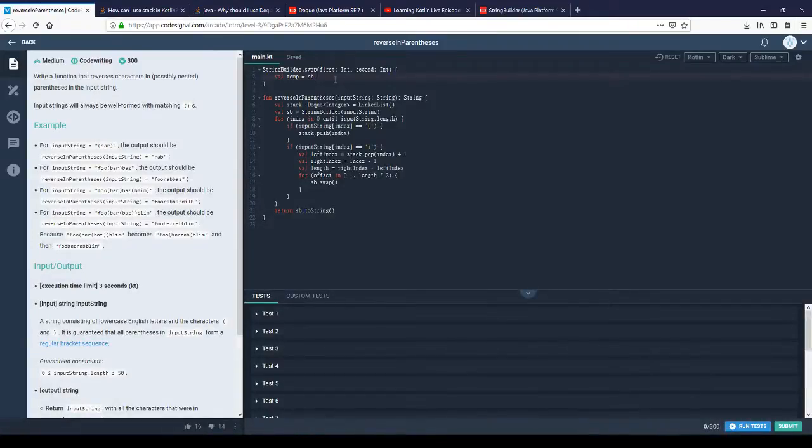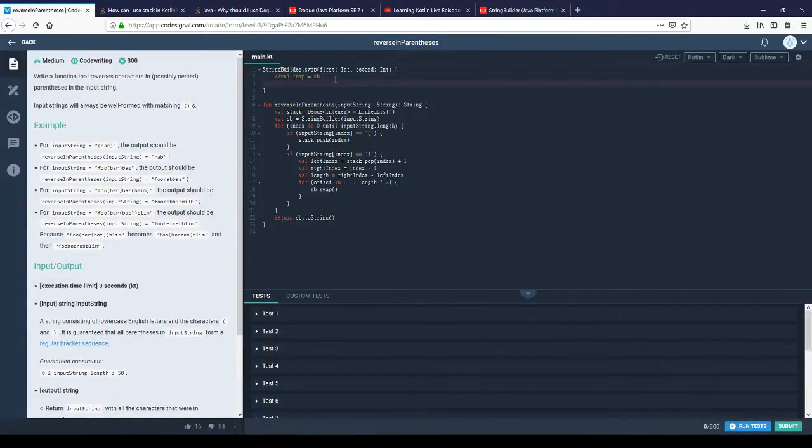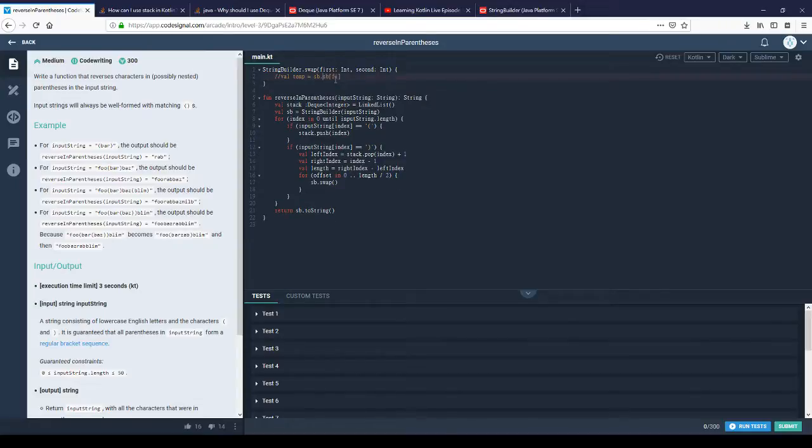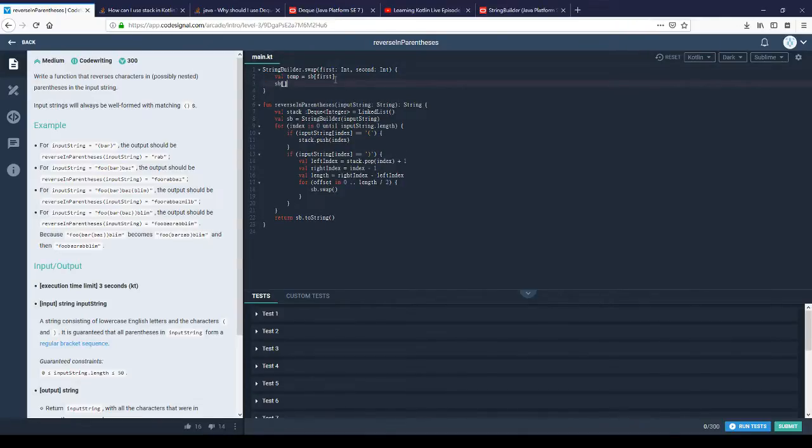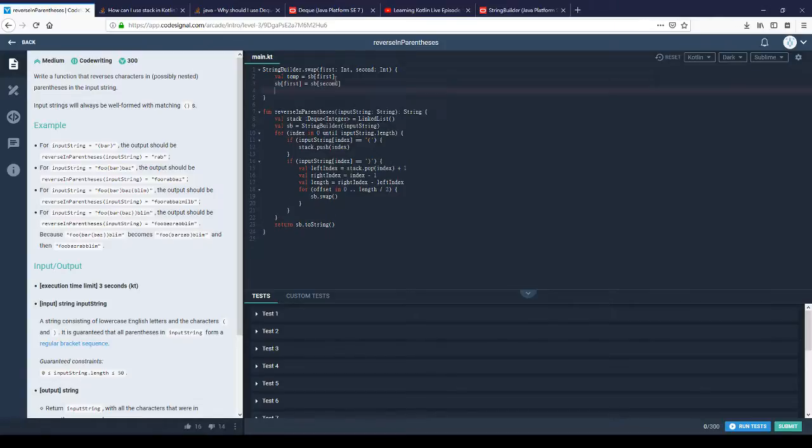Actually, I am interested in this: sb first equals sb second. So this is what I mentioned at the very beginning of solving this problem.